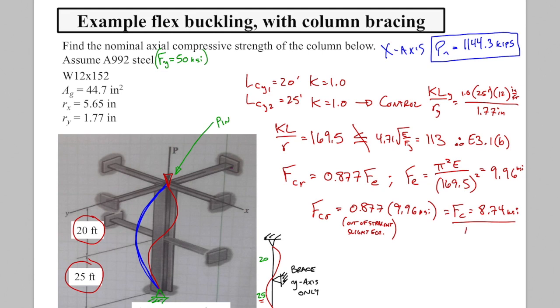Okay, again, we're not done because this is the stress. We need nominal axial compressive strength. So we have strength, that's Pn, F critical times Ag. I have 8.74. Ag is 44.